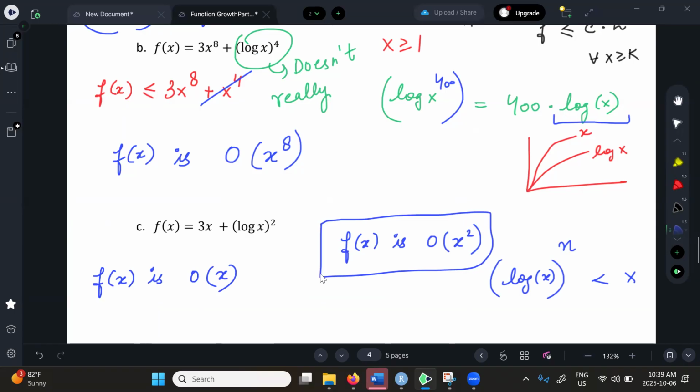How many are aware of Desmos in this course? If this is new to you, try to plot log x squared and try to plot the linear function, see how it behaves, and you will see that log x to the power 2 is still growing slower than the linear function. You'll notice that on the graph. So log x squared is somewhere in here.